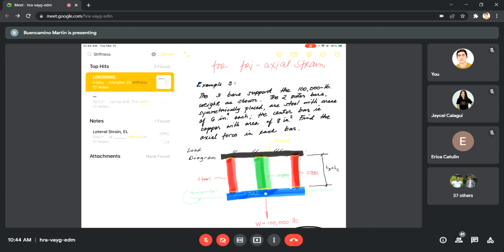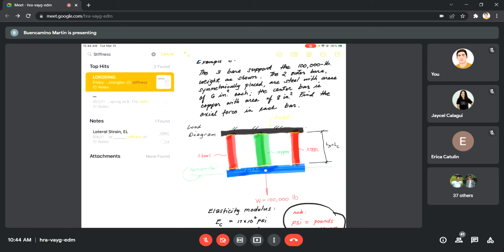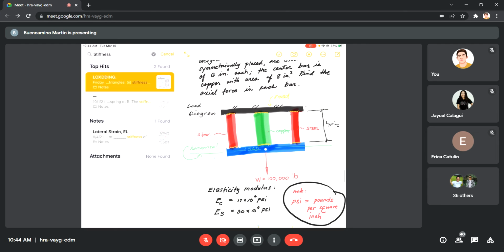Ang resultant weight niyan is 100,000 pounds. Now, these 3 bars have the same length, parehas ang kanilang length nung hindi pa sila na-deform, at parehas din kapag sila ay na-deform. And given din ang elasticity modulus ng material.